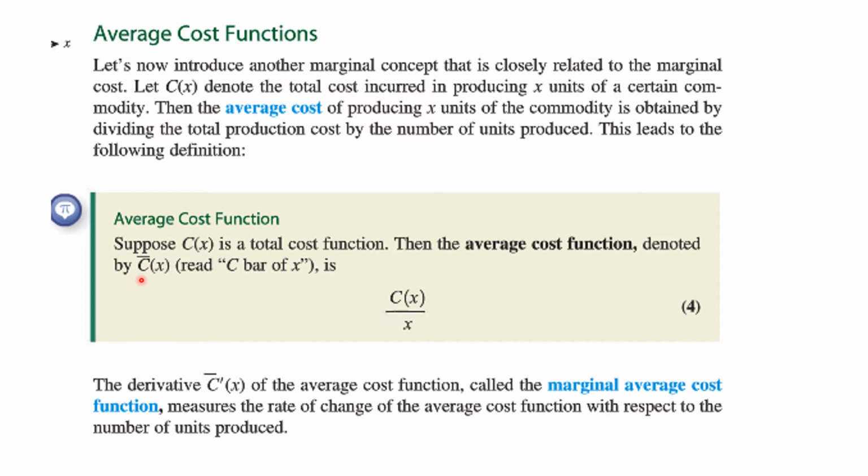Usually it is called C bar of x, and C bar of x is understood to be the average cost function. The derivative of this C bar of x, which is a quotient, is called the marginal average cost function, and it measures the rate of change of the average cost function with respect to the number of units produced.